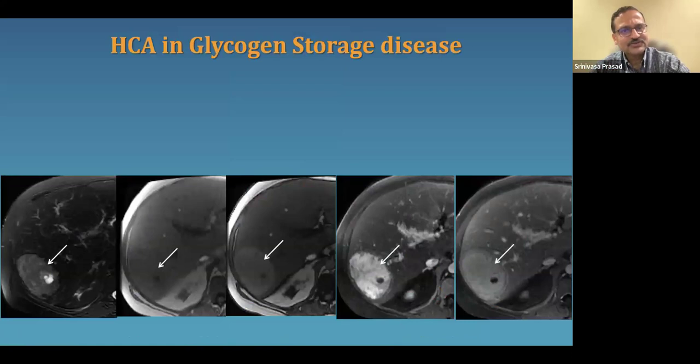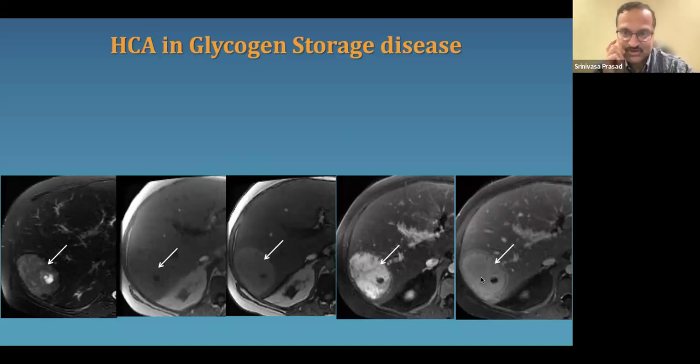And glycogen storage disorders, type 1 has increased risk for the development of multiple hepatocellular adenomas. Here is an example that is somewhat T2 intermediate signal intensity and shows hypervascularity and persistent contrast enhancement. Some of these patients may present with hemorrhage and rupture.